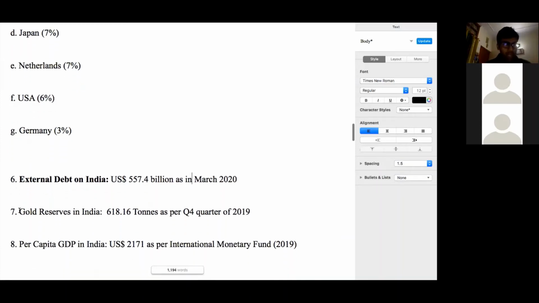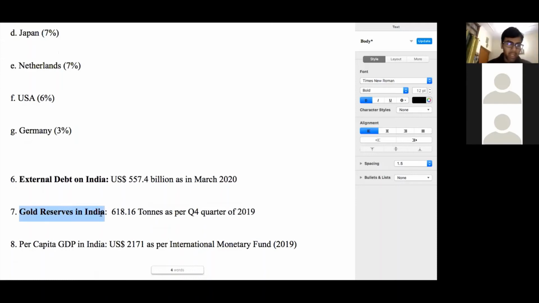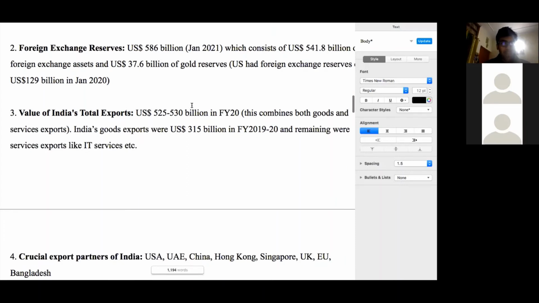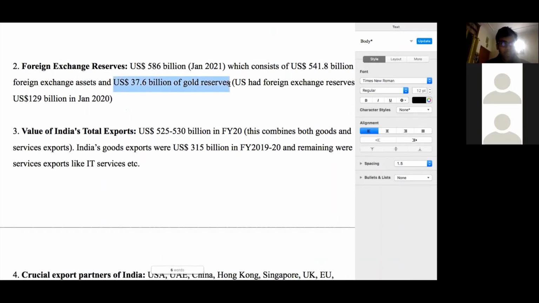Now, gold reserves in India, this is just a figure in terms of weight, as per Q4 of 2019. We've already discussed earlier that the value of gold reserves was basically US dollar 37.6 billion, which was in January.